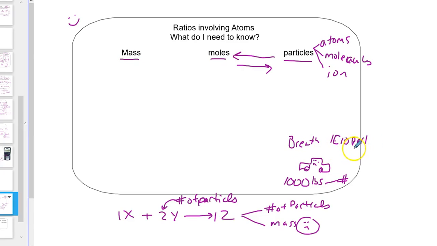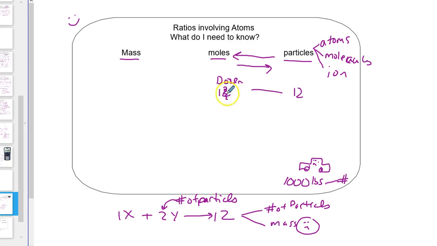So, with that being said, if particles are so small, how do we deal with them? Well, what we do is we package them like a dozen. So a particle to a mole is like 12 is to a dozen. 12 donuts equals 1 dozen.